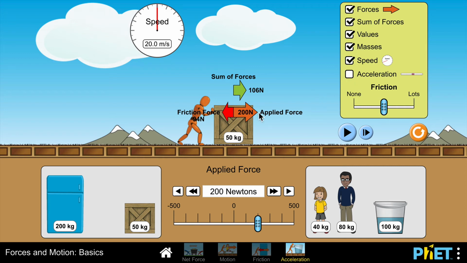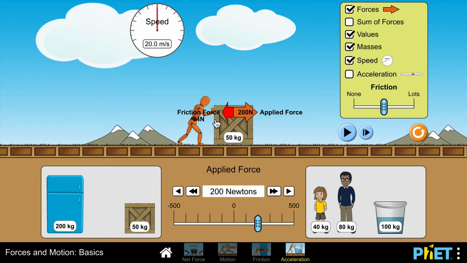So how we would do that: if I have an applied force to the right of 200 newtons, and of course a frictional force to the left of 94, then the unbalanced force would be, I could apply something known as sign convention. I could say that the forces to the right are positive and the forces to the left are negative.